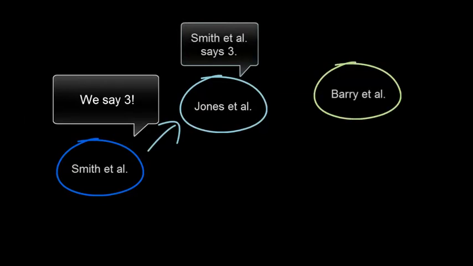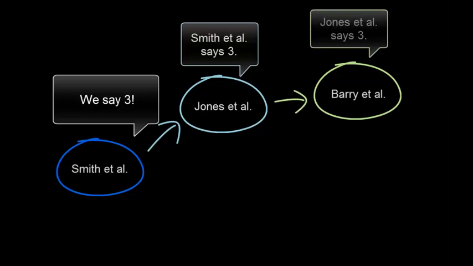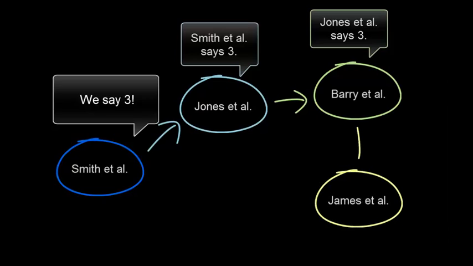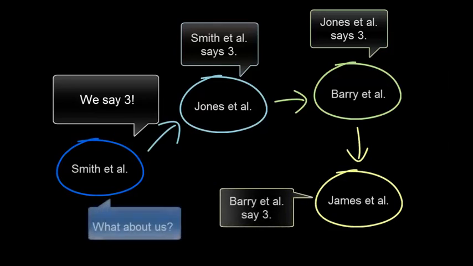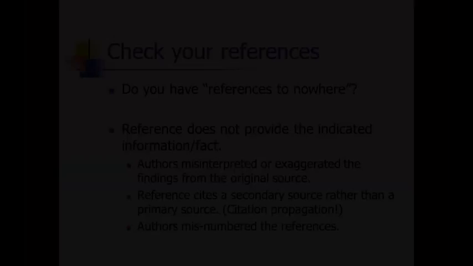Well, they found that statistic in Jones et al. They read it there, so they don't bother to go back to Smith et al. and get the original reference. They just reference Jones et al. Well, then what happens? James et al. now wants to cite the statistic, reads it in Berry et al., and now they cite Berry et al. So this statistic has been propagated across the literature.